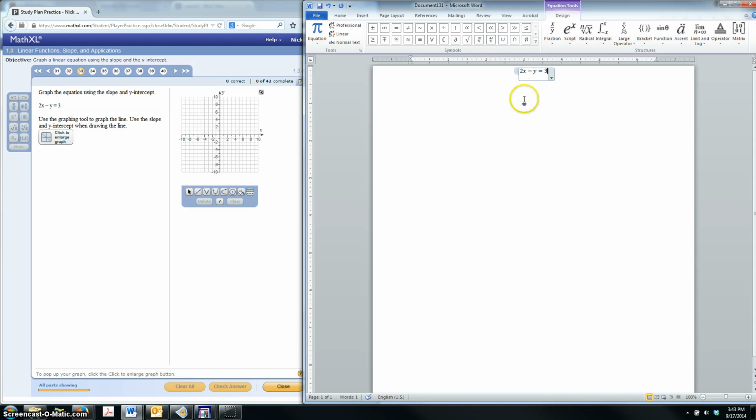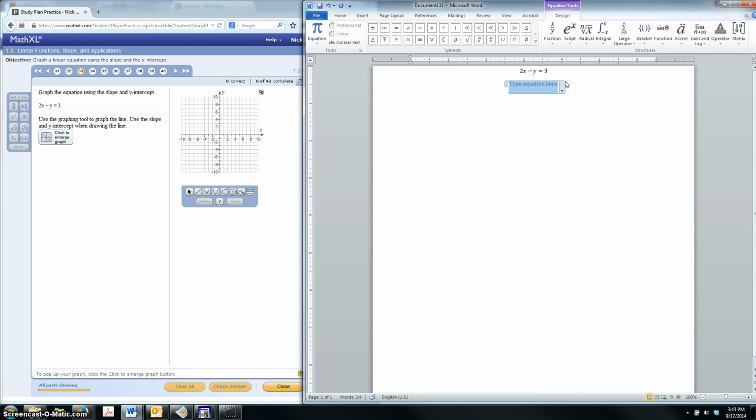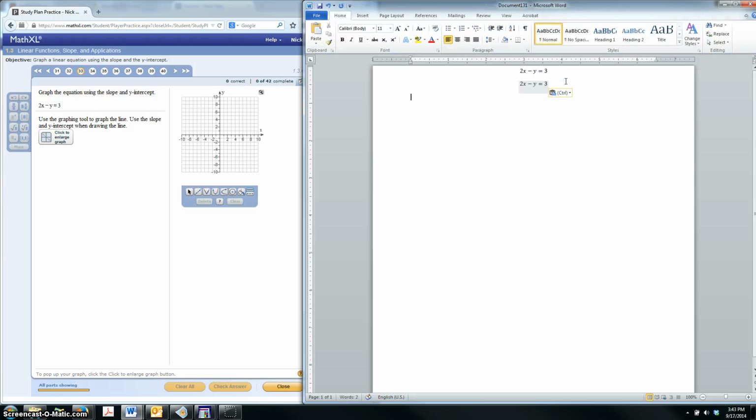I'm going to work with this over here, and what we need to do is get y by itself. So we're going to subtract 2x from both sides.